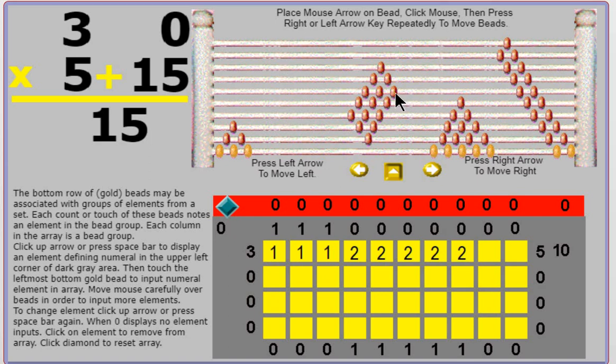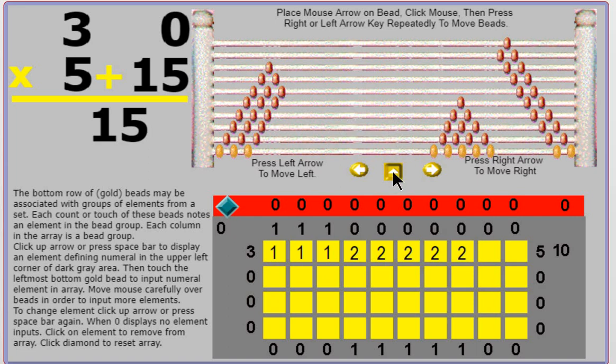Now, I'm going to click the rightmost bead in the rectangle, push it over to the triangle against the left post. And now I'm going to continue my count after 5 to 7 over here.